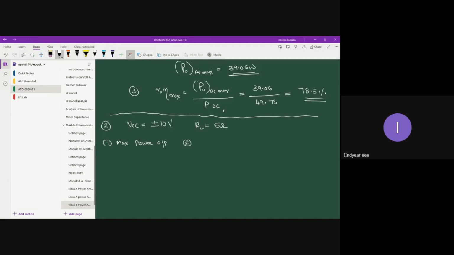Second, the power rating of the transistors. Third one, the DC input at maximum power output.